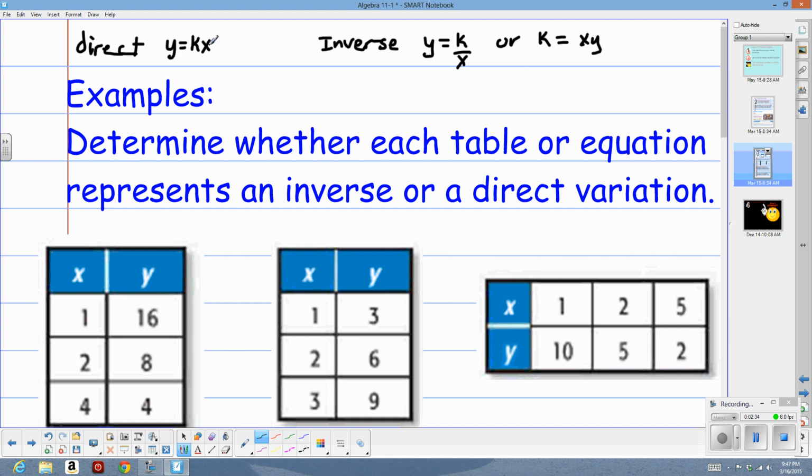In the direct case, if you wanted to figure out what k is, you would divide by x and get k equals y divided by x.